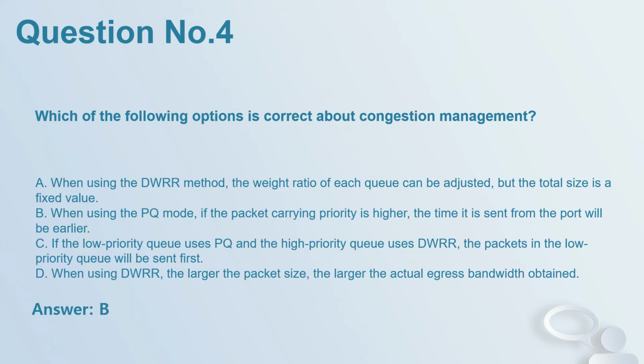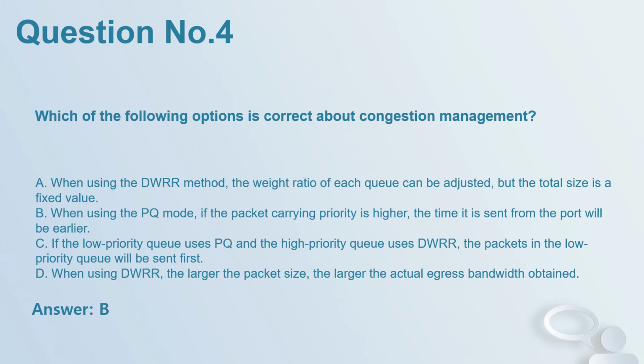Question number 4. Which of the following options is correct about congestion management? A. When using the DWRR method, the weight ratio of each queue can be adjusted, but the total size is a fixed value. B. When using the PQ mode, if the packet carrying priority is higher, the time it is sent from the port will be earlier.